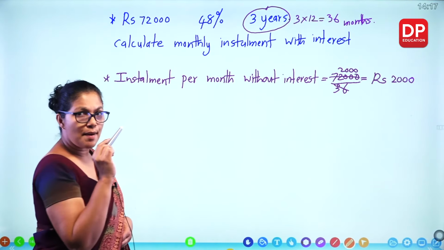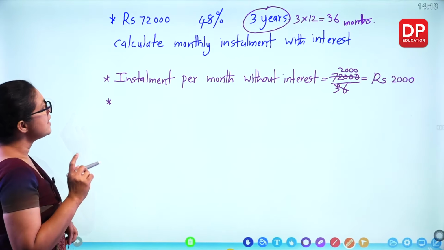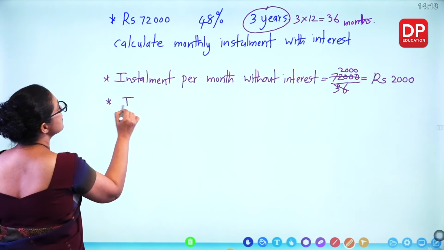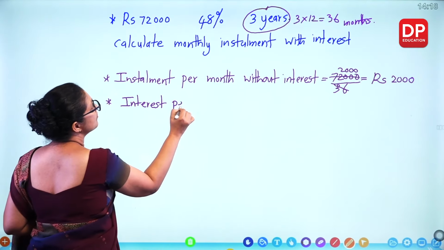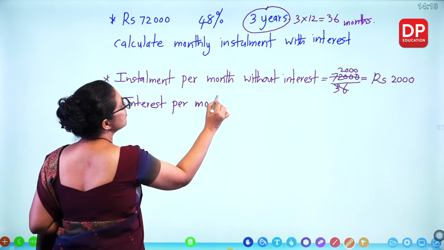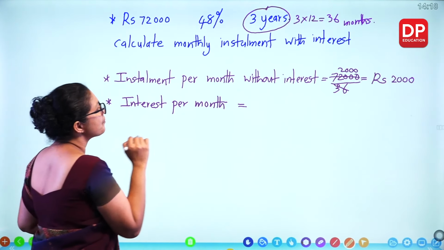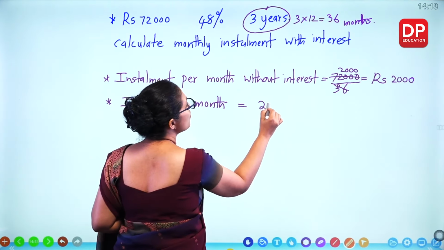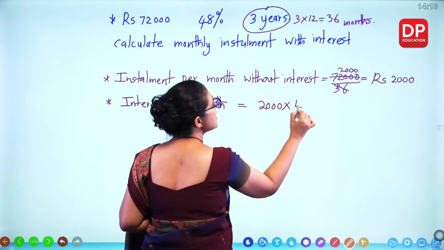Then what's the next step? We need to calculate the interest per month. What's the interest per month? 2,000, and the rate is 48%.